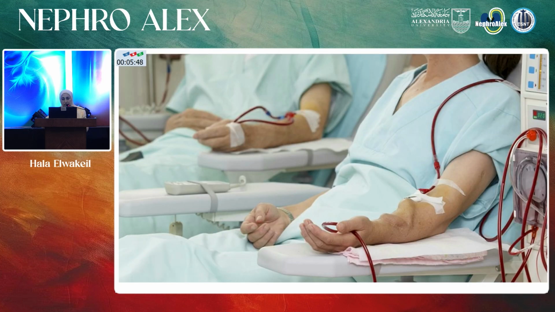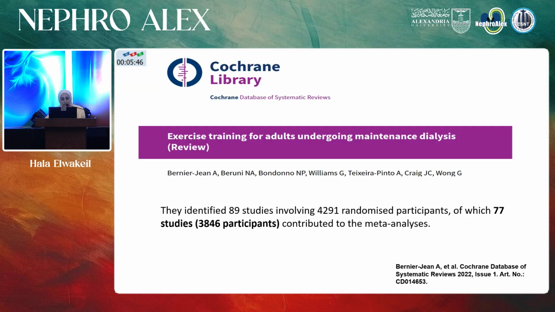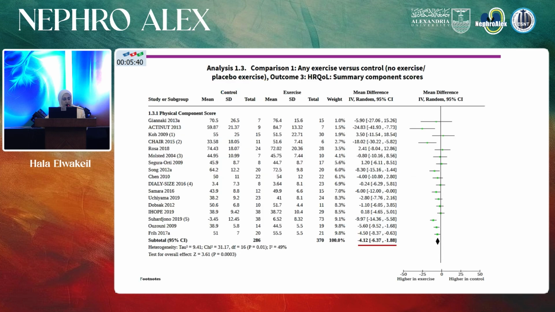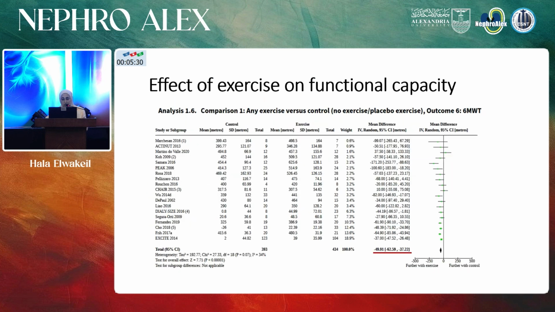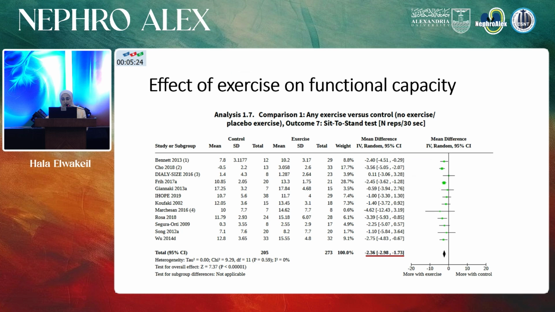The effect of exercise in hemodialysis patients is heavily studied, and this Cochrane review showed the benefit of exercise on the physical components of quality of life, as well as the mental component and depression. Also, it has a positive impact on functional capacity as measured by the 6-minute walk and the sit-to-stand test.